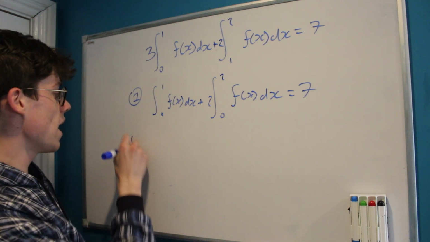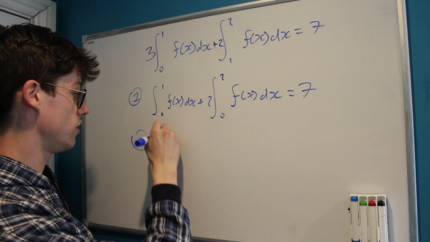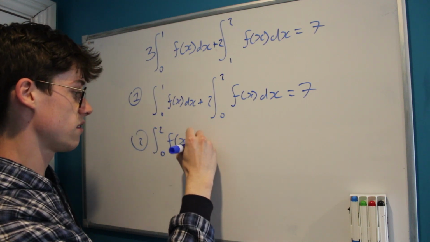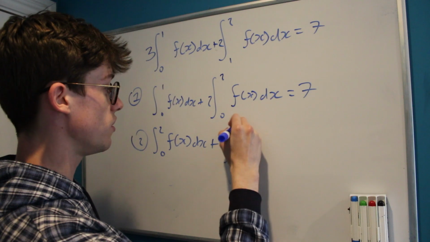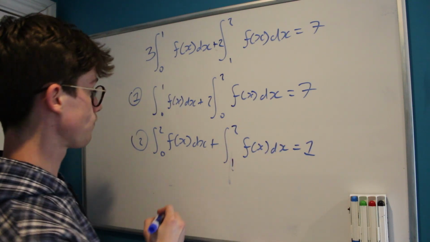So that's what we've done with equation number 1. And let's call back to equation number 2. That tells us that the integral from 0 to 2 of f of x dx plus the integral from 1 to 2 of f of x dx is equal to 1.